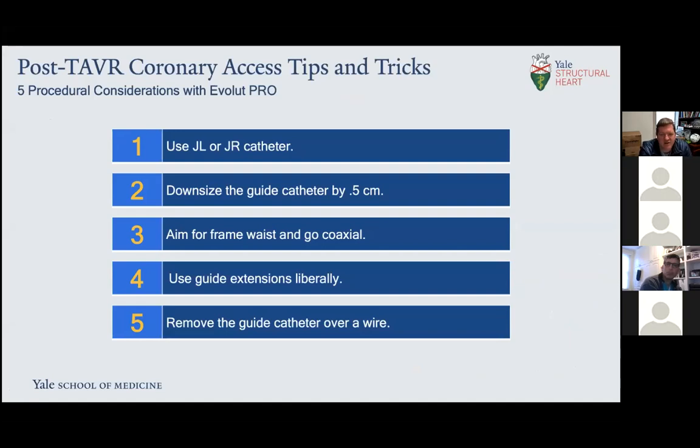I'd recommend using a JL guide to engage your left coronary, or a JR guide to engage the right coronary. I'd recommend downsizing by 0.5 centimeters. So if you usually use a JR4, try using a JR 3.5, and similarly for your other catheters.